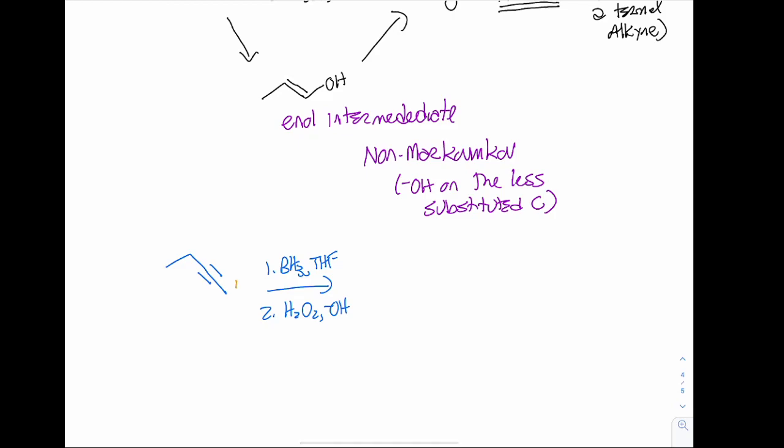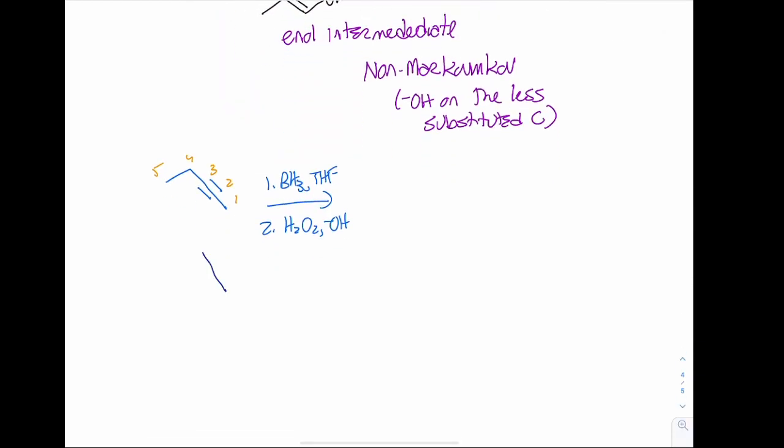Let's number them again so I can refer to these carbons. I am going to go through my enol intermediate. I'm going to put my hydroxyl group on the less substituted carbon. Both of those carbons have one carbon-based group, so they're equally substituted. So I'm going to get both of these enol intermediates. And then when it tautomerizes to give me my final product, I actually get ketones again.